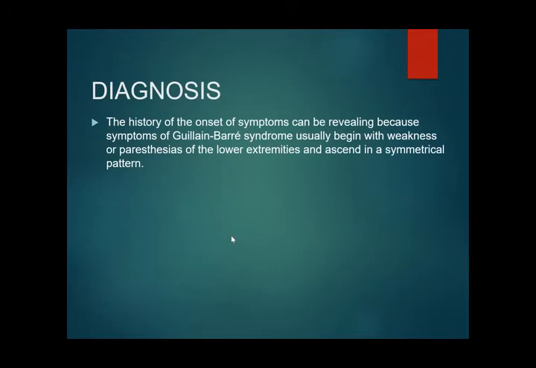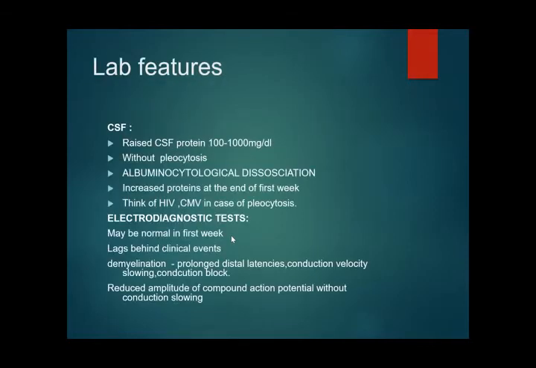This is called albuminocytological dissociation. Proteins are raised, but cells are not. Increased protein is common at the end of the first week, and in the very first week, CSF analysis can be completely normal. If there is significant pleocytosis, always think about infective causes like HIV, CMV, or maybe some vasculitis.